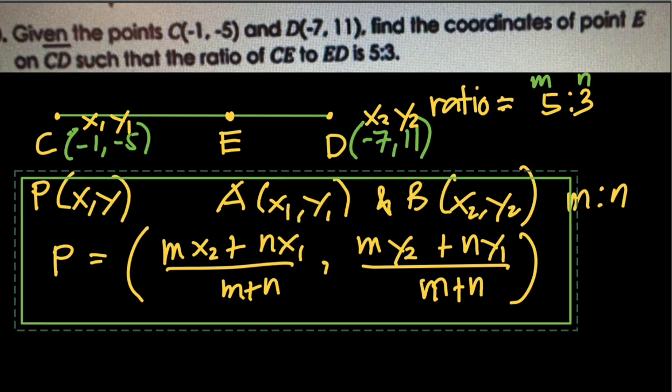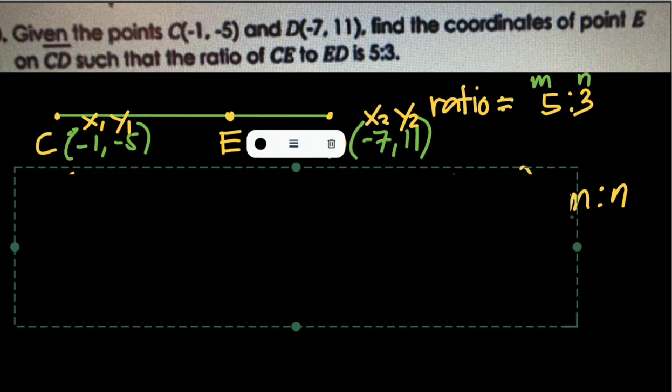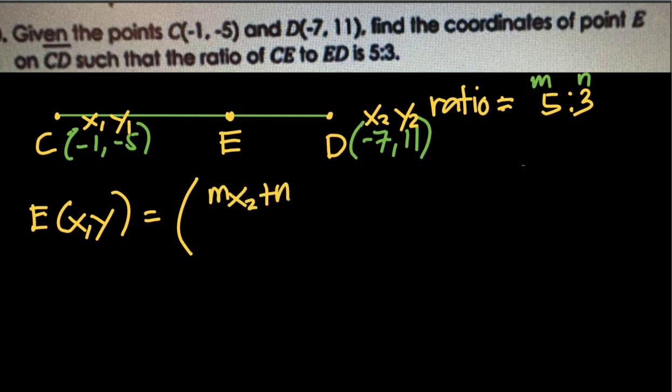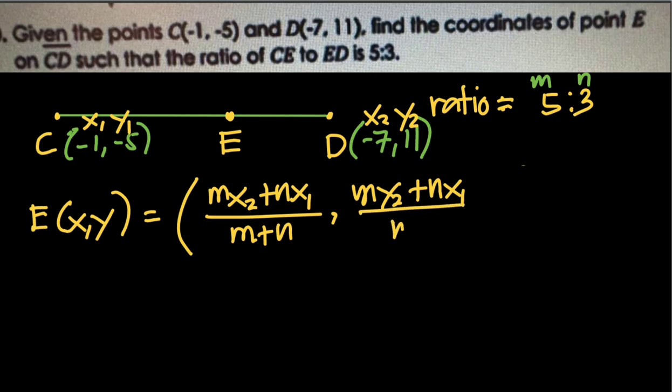All right, let me delete this first. Our point here is E. So E(x, y) is (m x2 plus n x1) over (m plus n), and then (m y2 plus n y1) over (m plus n).